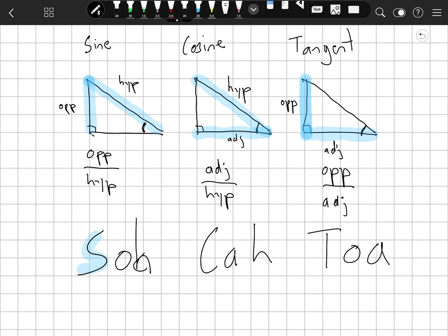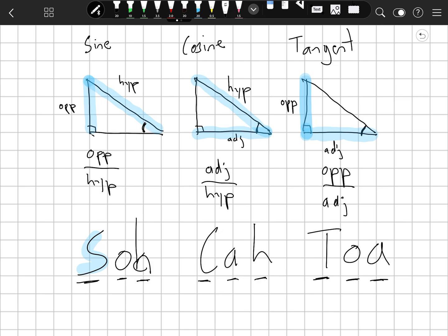And so sine is opposite over hypotenuse. Cosine is adjacent over hypotenuse. And tangent is opposite over adjacent. Sakatoa. So hopefully that helps you remember which one is which.